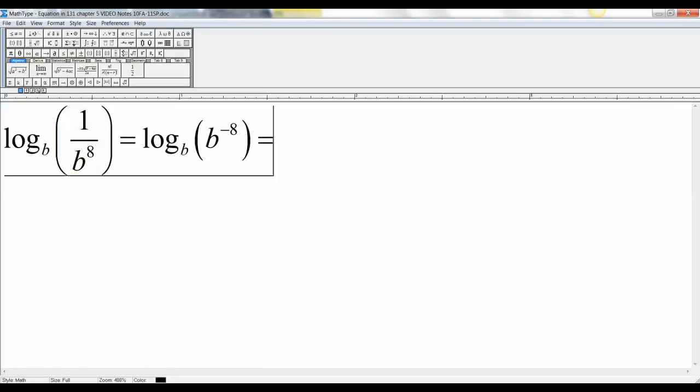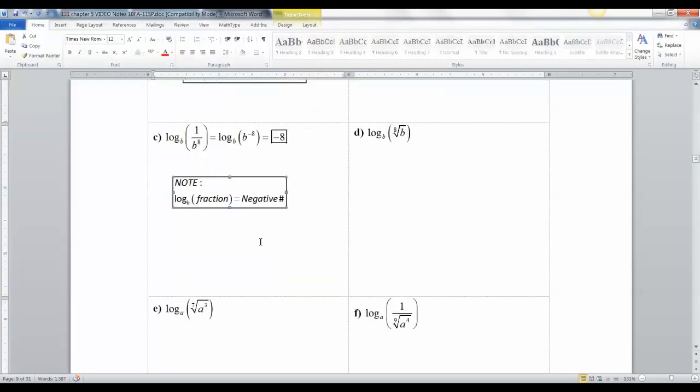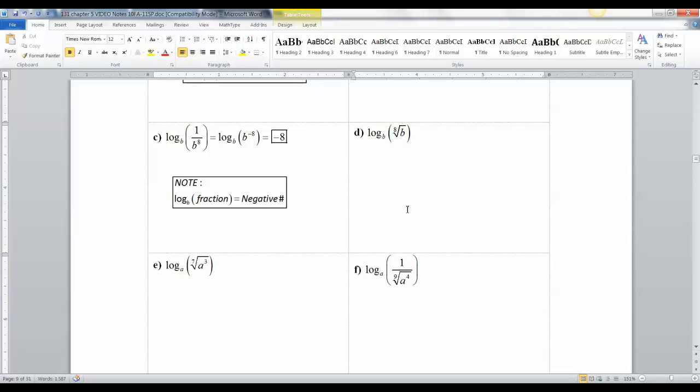So then once we write it like that, then you know, oh, okay, the log base b and b to the power are going to undo each other, and it leaves me with negative 8. Okay, so let's make a note to ourselves. Here's a note. That the log base b of a fraction like this is going to end up being a negative number. It has to be, because negative powers make fractions. And remember, that's what a logarithm really is. It's an exponent, right? So negative exponents cause fractions.